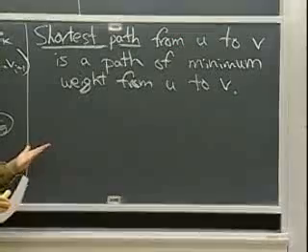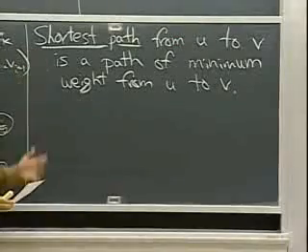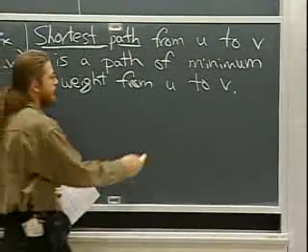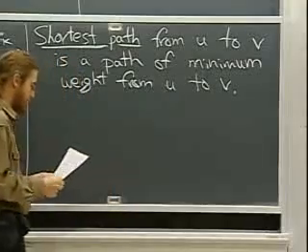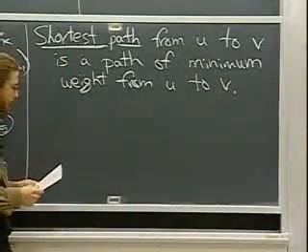In general, given a vertex U and a vertex V, find a shortest path as quickly as possible. What's a good algorithm for that? That's the topic for the next 3 lectures.